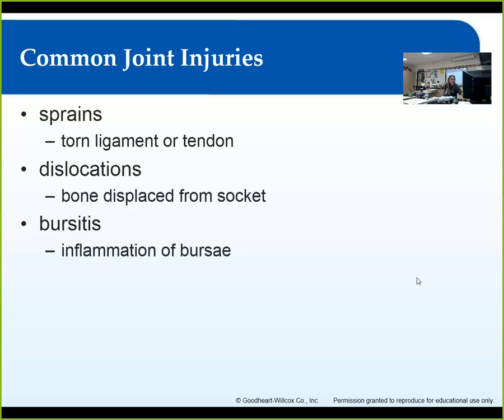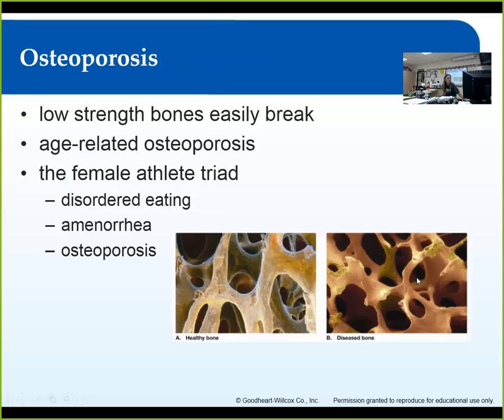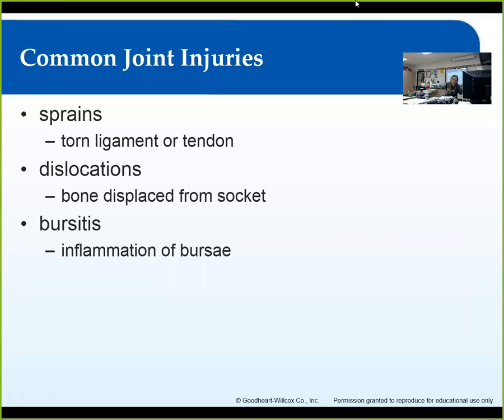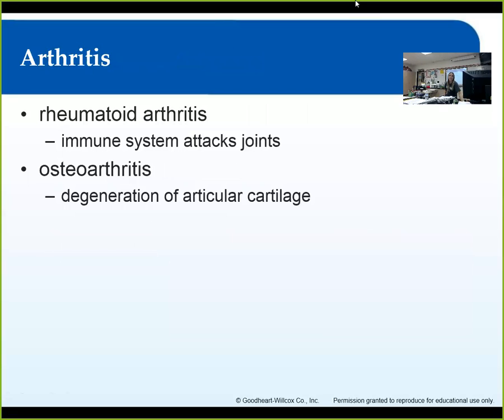And then arthritis, there's actually over 100 types of arthritis. Rheumatoid is one that you hear of a lot. This is an inflammatory disease, like an autoimmune disease, so it's like your body attacks your own joints. It's really debilitating, and it can occur in children.